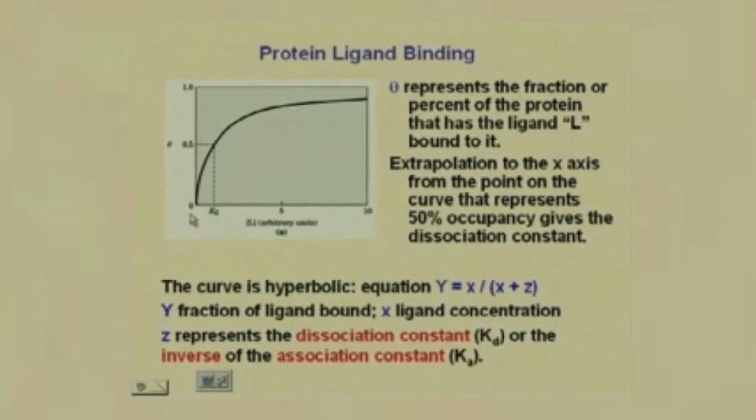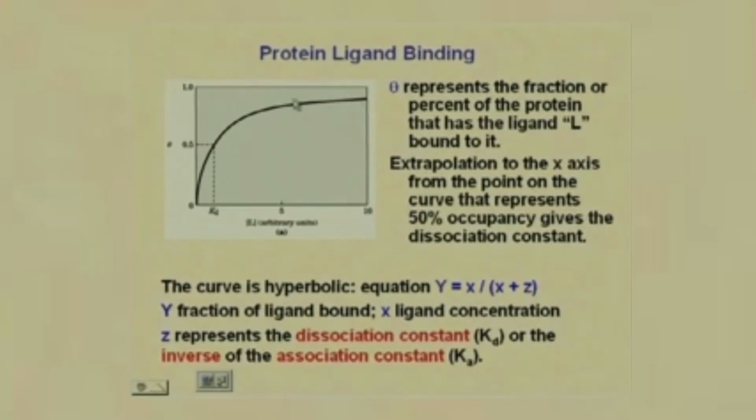Now, when we're looking at this hyperbolic curve, you recognize that when I have 50% saturation, as it is called, because if I have enough ligand concentration and all my protein sites are bound, I have a saturated situation.